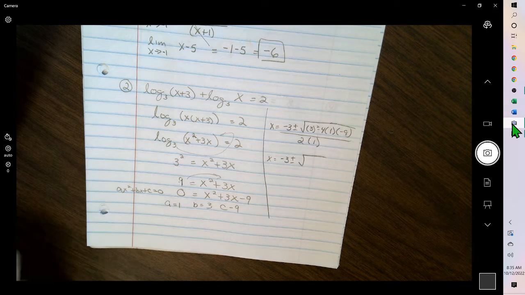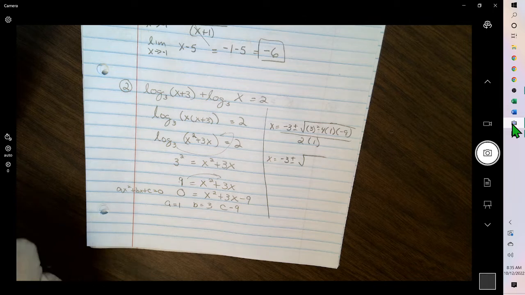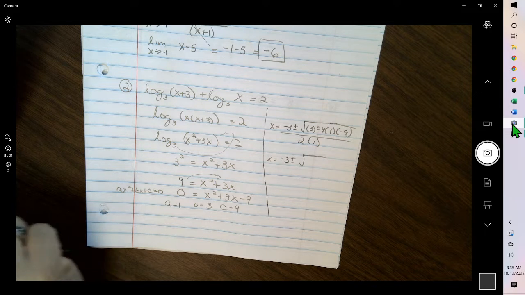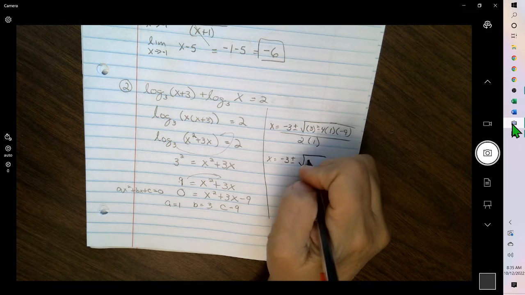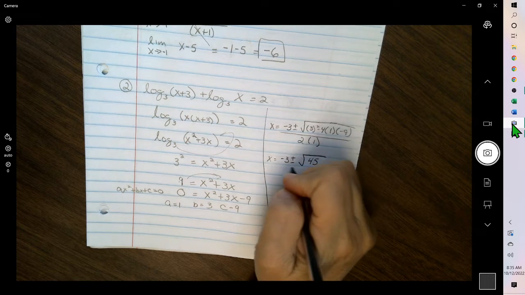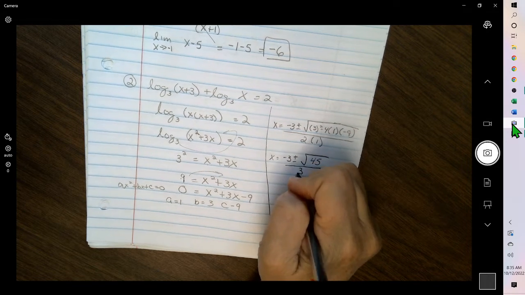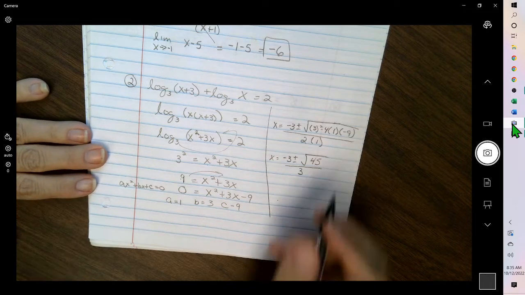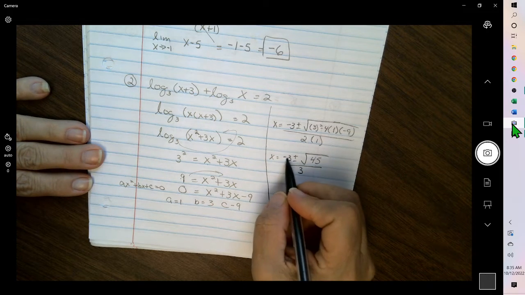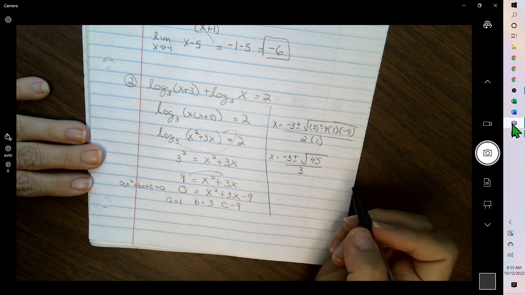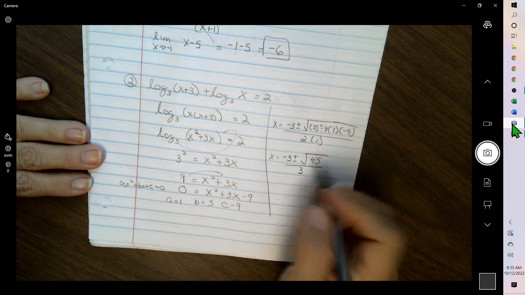Calculating under the radical, 9, 4 times 9 equals 45. So then we take -3 plus the square root of 45 over 3 and -3 minus.